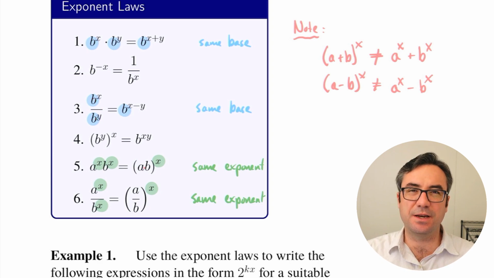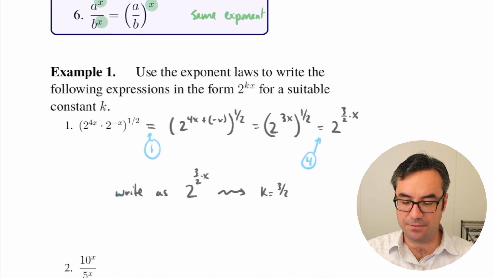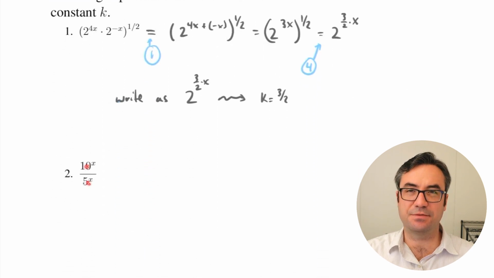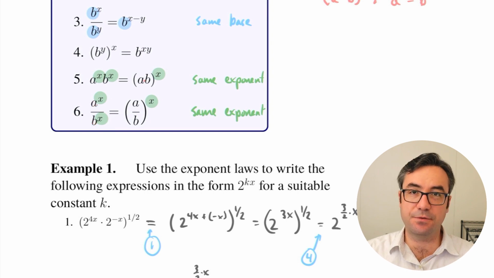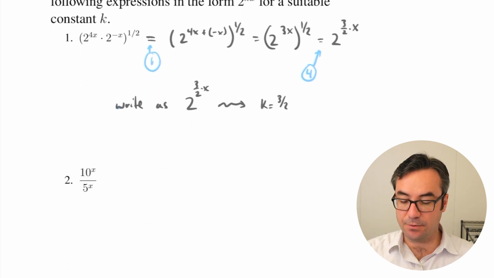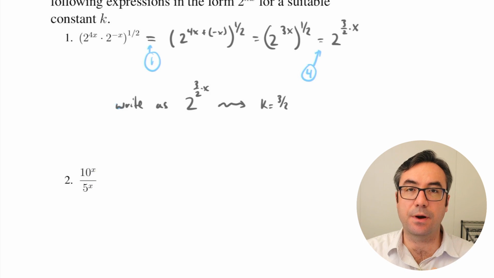So that really doesn't apply, because we have a 10 and a 5. But the last one here, I also have a fraction, and the base terms can be different. So we can have different base terms, but we need to have the same exponent for this one. And let's check. Yeah, we do. They both have the power x.